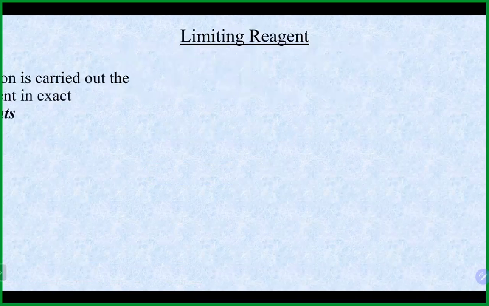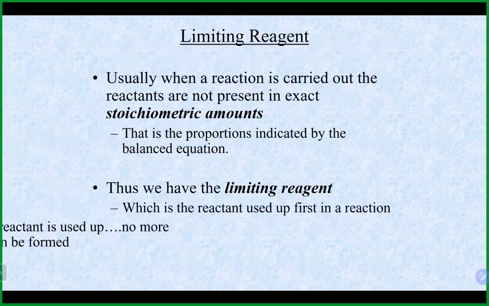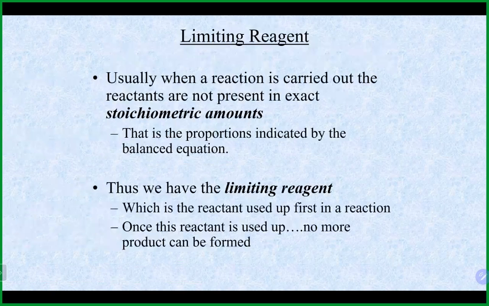So the next thing I want to talk about, though, is what's referred to as limiting reagents. And sometimes they're called limiting reactants. Whenever you do any type of reaction, there's always going to be pretty much a reactant that gets used up first, or a reagent that gets used up first. And that's what's known as the limiting reagent.